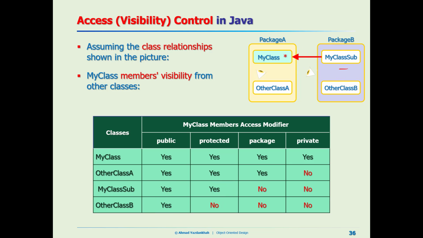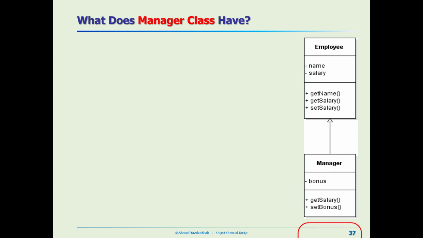Since my class sub is inheriting from here, it can see all of the public members and also the protected members. Now, based on this knowledge, let's see what the manager class has.